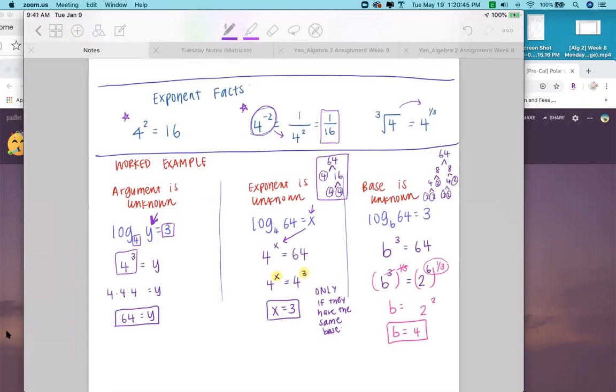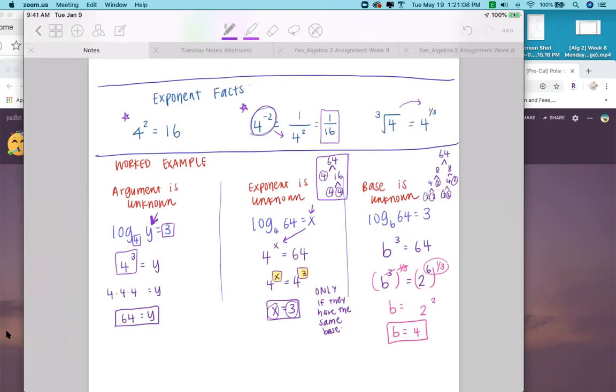And it's 4 to the 3rd power. And look at what I highlighted up here. These are going to be set equal to each other because we have the same base. If 4 is the base, if you have the same base at the bottom, you can set the x equal to the 3. And that's your answer.